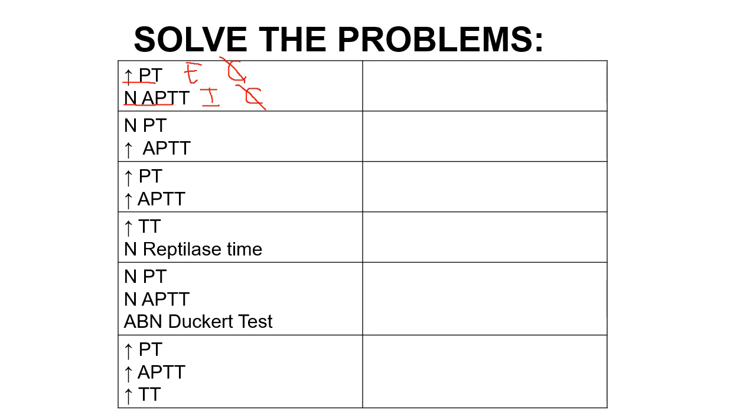Kasi nag-normal siya dito sa APTT. Tanggal na rin ang intrinsic pathway mo. So, matitira na lang is extrinsic, which is either your 3 and 7. So, most probably 7. Okay? Kasi ang 3 hindi kayang i-measure dito sa PT dahil ang thromboplastin is actually your reagent.